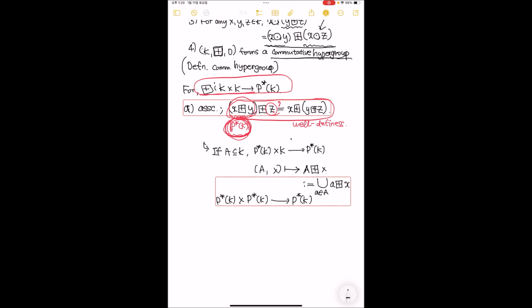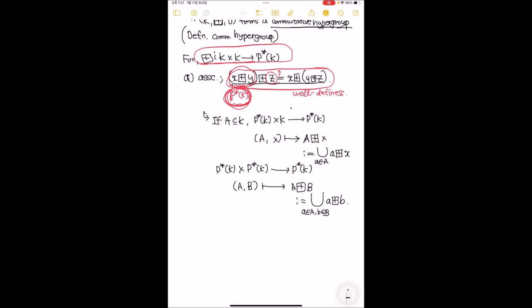In that case, it is defined as here. For this reason, the associative operation is well defined.